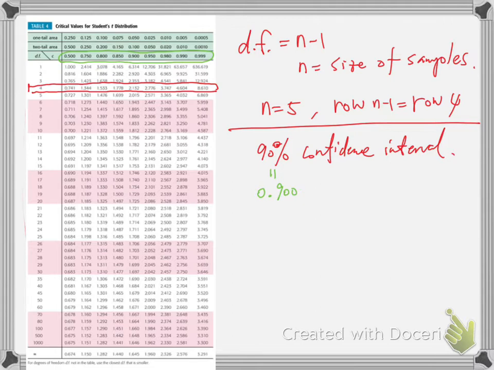If this is a 95% confidence interval, then you should use 0.95. If this is 99%, you should use 0.99. Forget about the third digit. We mainly look at the first and second digit after the decimal point.